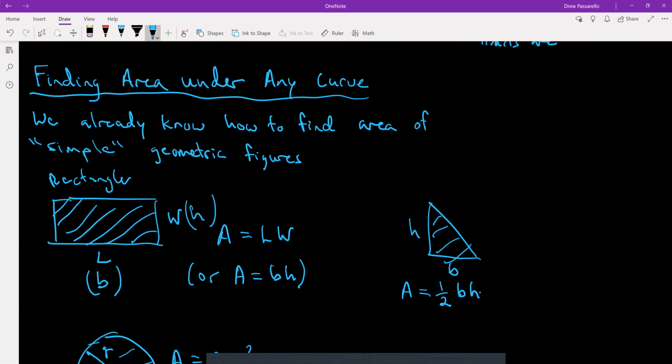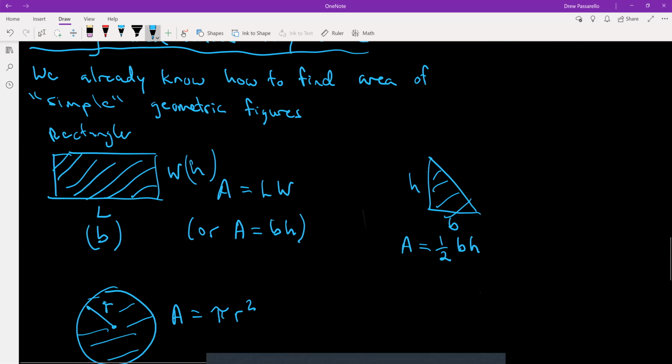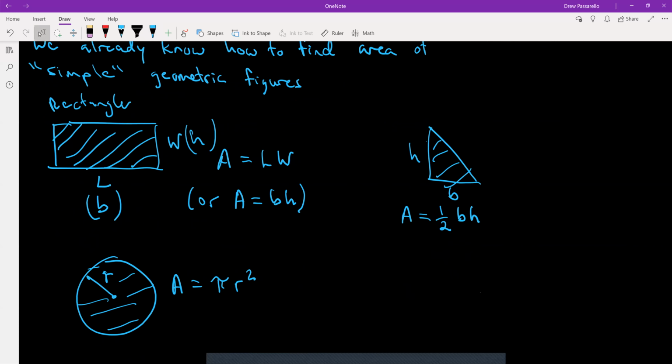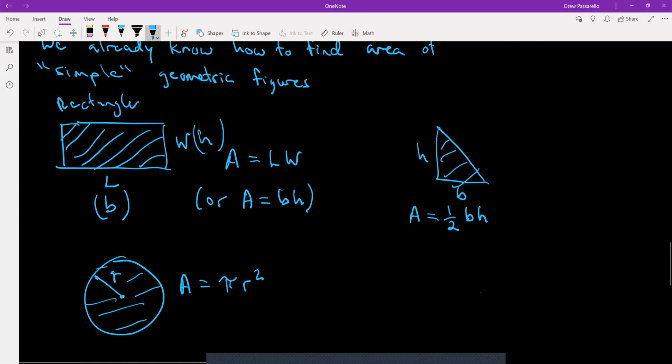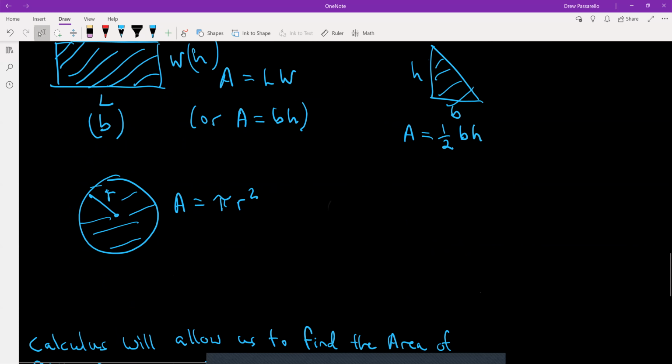It's just one variable times the other variable. So one dimension times the other dimension. Now for a triangle, we know its area is 1/2 times the base times height. And then we also know the area of a circle is pi r squared, where r is the radius.